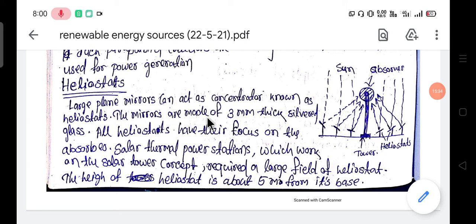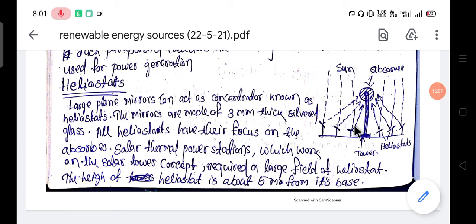The mirrors are made of 3 mm thick silver glass. All heliostats have their focus onto the absorber. Here you see this is one heliostat, this little plane mirror, and its face is towards the absorber. Here the absorber is on one tower, at the top of the tower.